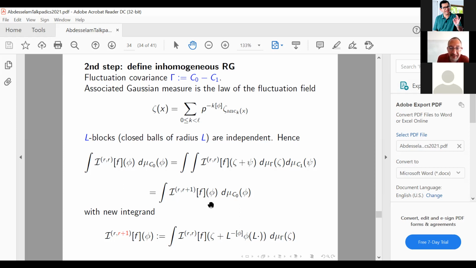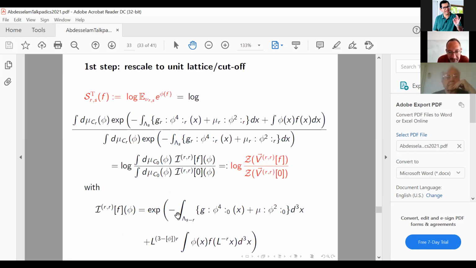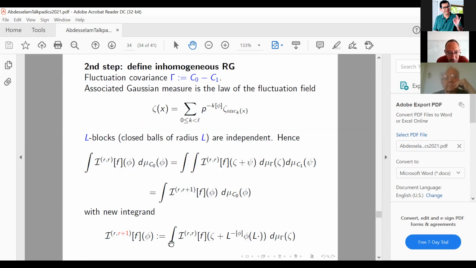What happened is that the integrand has changed. From the original integrand, which was given explicitly by this, at the very first step I perform this integral, where phi here is just a fixed field: I rescale it, add the fluctuation field, and integrate the fluctuation field, and this was the old functional.